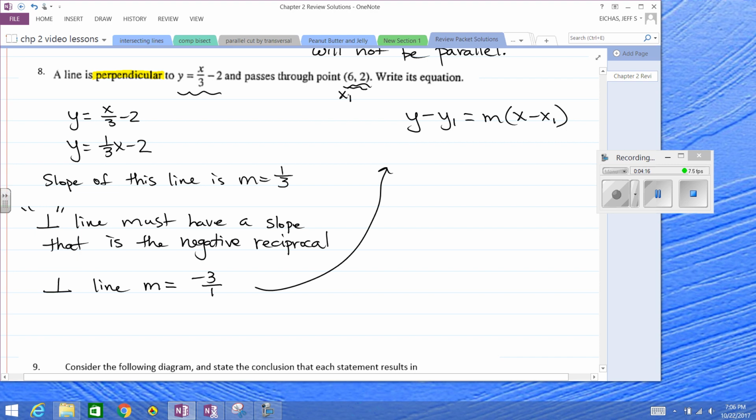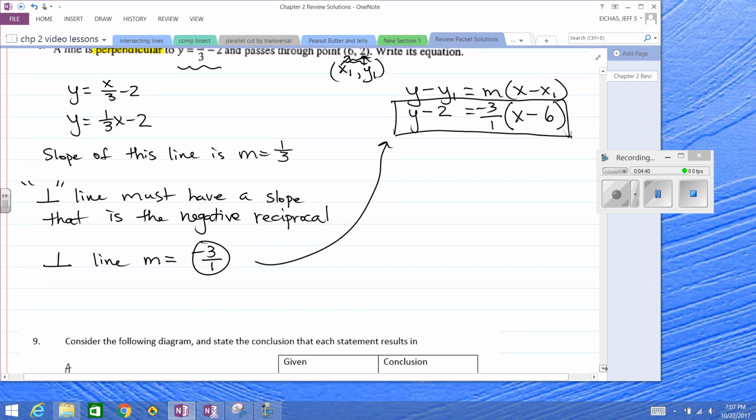So if this is x1, right, and that's y1, we can sub in 2 right there, and then the slope we're going to fill in is negative 3 over 1, x, and then minus sub in 6. Okay, we can leave it like this. That is a valid equation for a line. All right.